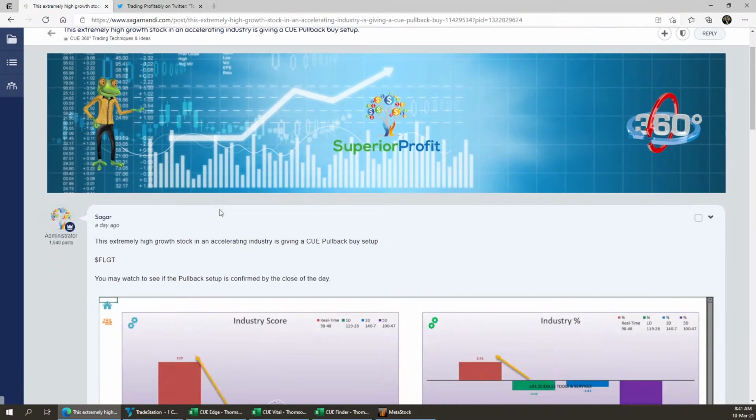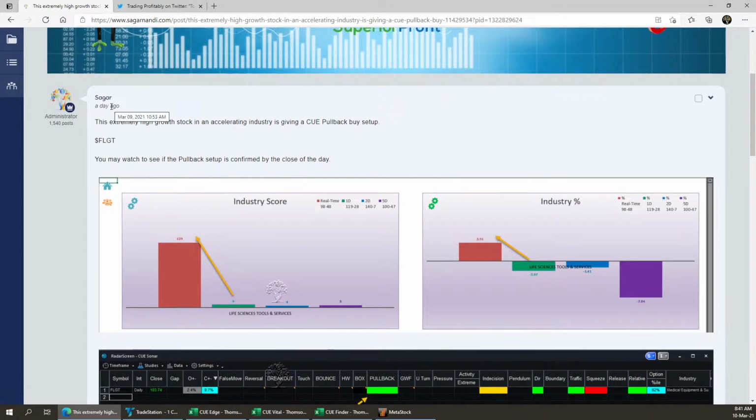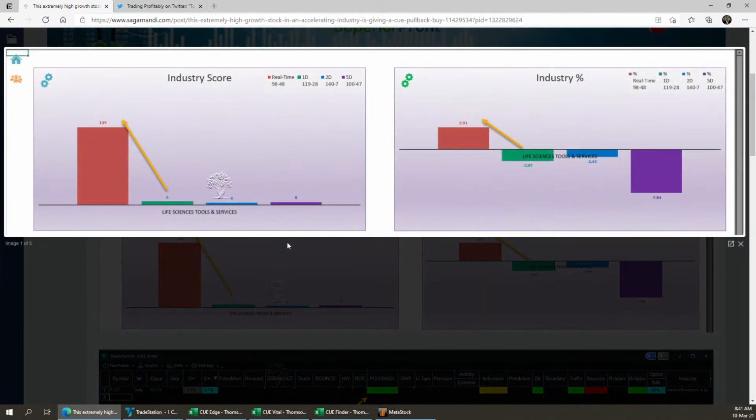FLGT. Why I am looking at it using the post is because I didn't share it at the end of the day. I shared it at 10:50 a.m. Eastern Standard Time yesterday, and you see how you can use the real-time nature to identify strength in every aspect. Fulgent's industry, life science tools and services jumped up in relative score, and in absolute percentage also it reversed from almost minus 3% one day ago.